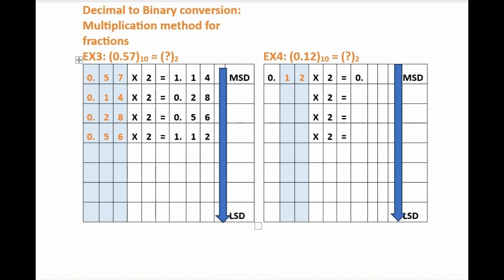So we can keep going because the fraction part is not 0, but we can stop here and we'll report the approximate representation. That will be, and this time we'll be reporting only the whole part from top to bottom.